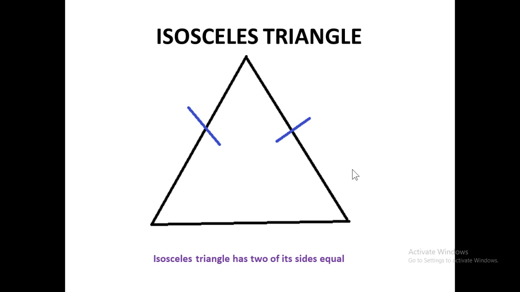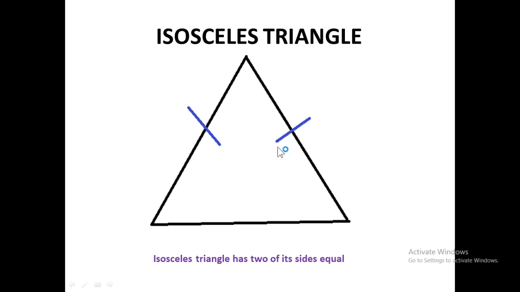Then we also have the isosceles triangle. What can we say about an isosceles triangle? An isosceles triangle is a triangle that has two of its sides equal. As you can see now, this side is equal to this side.